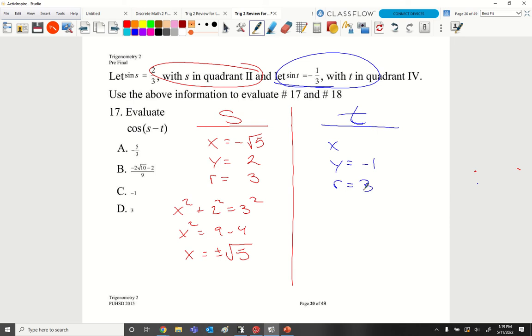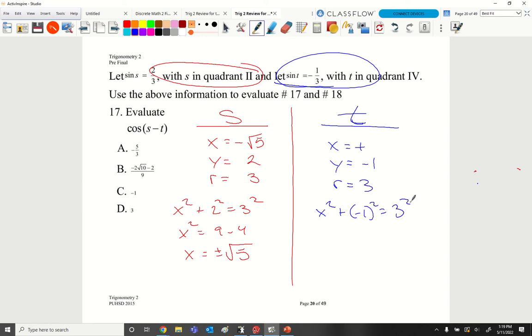And then we know that t is in quadrant 4. What do we know about my x value in quadrant 4? It is going to be positive. On the front of the reference sheet, you have a unit circle so you can actually see it there. So I know that's a positive. So let's go ahead and do my Pythagorean theorem. So it is x squared plus negative 1 squared equals 3 squared.